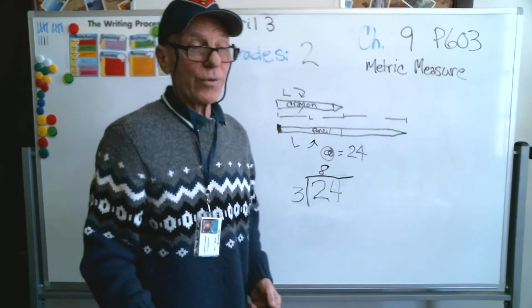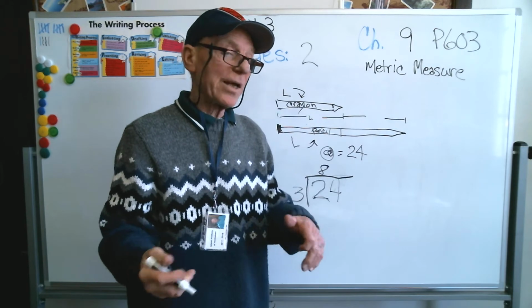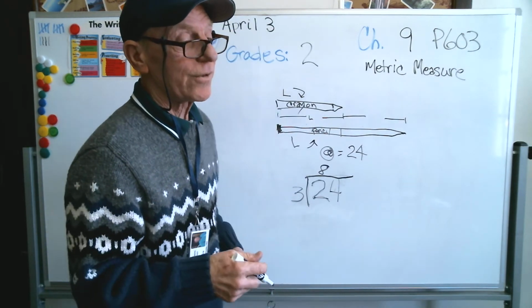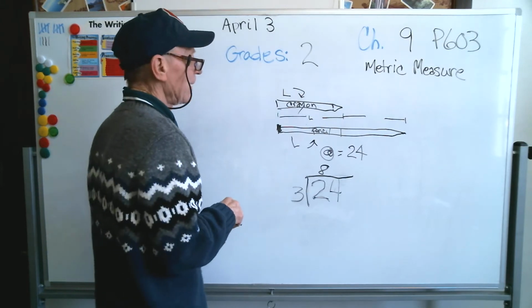8 goes into 24 3 times. Or 3 times 8 equals 24, in case you want to invert and check. That's how you check your answer. You do the opposite.